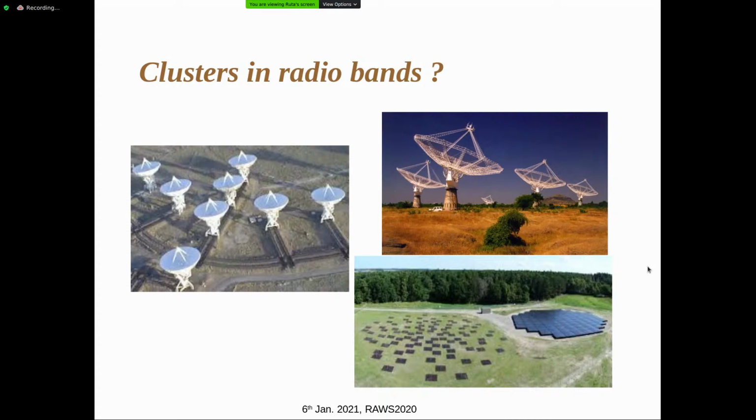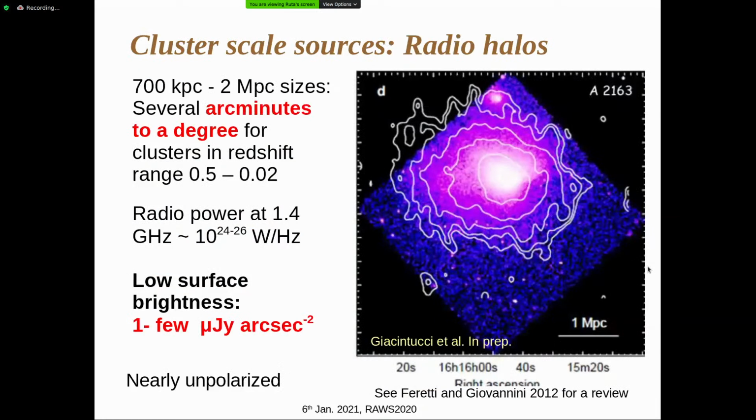So in radio bands, I already mentioned that the synchrotron emission from the relativistic electrons and the weak magnetic fields in the intracluster medium happens to be detectable, and that is where our interferometric observations have come to our aid to learn about the radio properties of galaxy clusters.